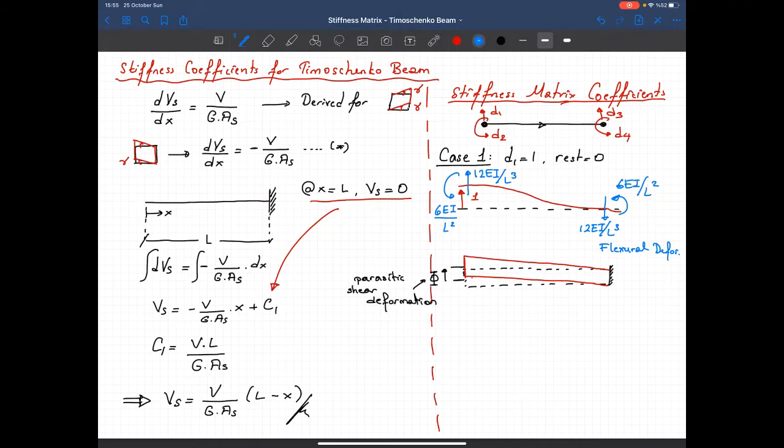And in that second figure, I just draw the shear deformation only. So I'm interested in the value of this one because I wanted to have a unit displacement, right? I apply these forces, but at the end of the day, due to the shear deformation, I got more displacement. It's not equal to 1, but it's equal to 1 plus the parasitic shear deformation. So I should add plus here.